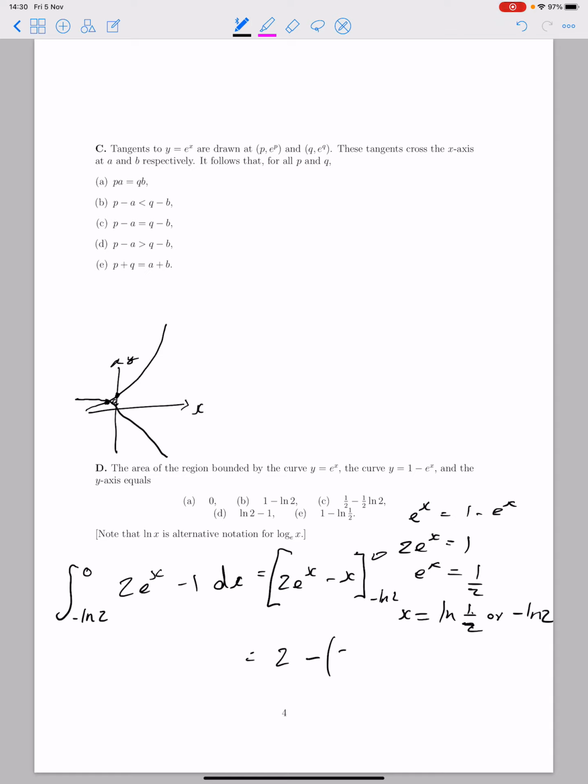So 2e to the natural log of a half: the natural log and the e cancel, and it's just a half times 2, which is 1. So we've got 2 minus 1 at the moment, minus natural log 2, so a minus changes to a plus inside the bracket. And that's just 2 minus 1, which is 1, minus natural log 2, which is answer B.